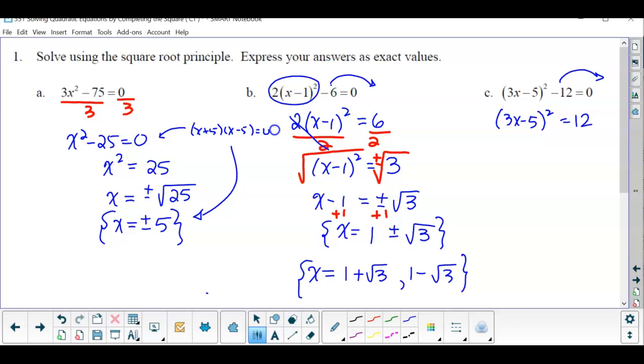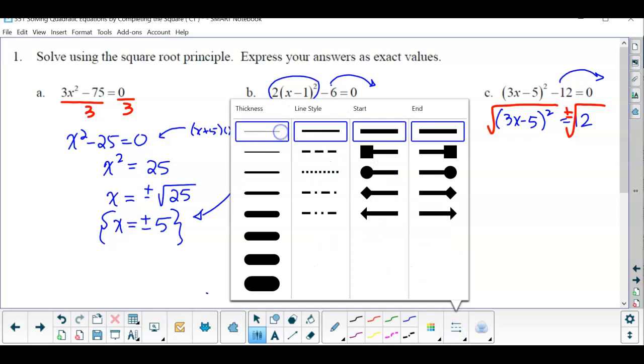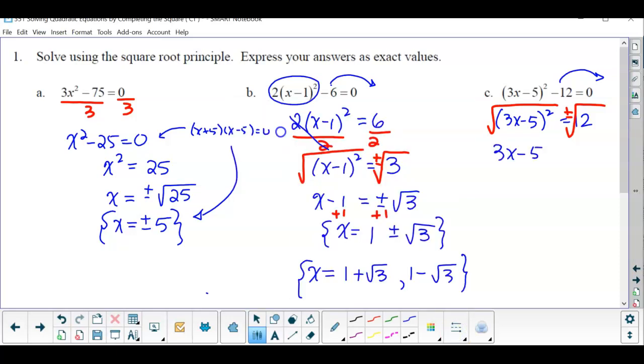Okay, then square root both sides. Plus or minus. And you always want to simplify a radical. So here, root 12, that simplifies to 2 root 3.